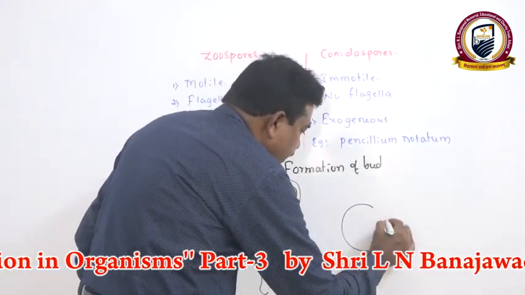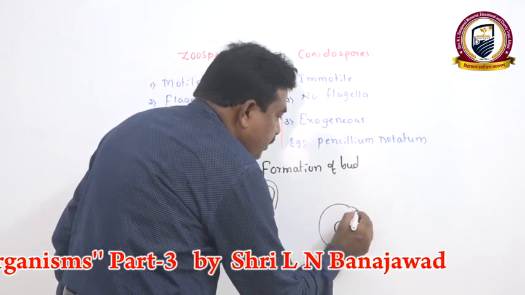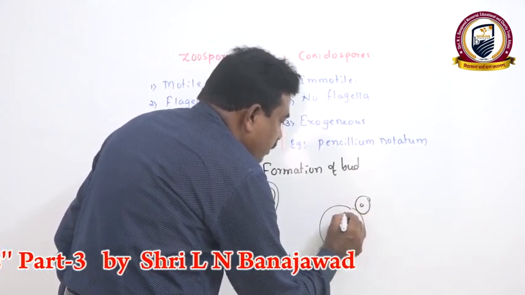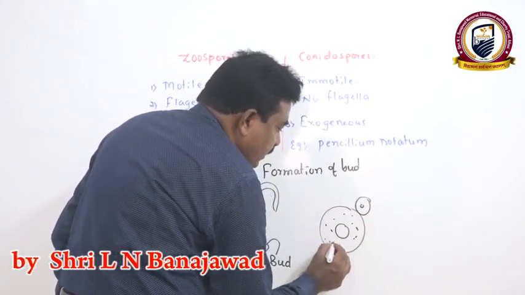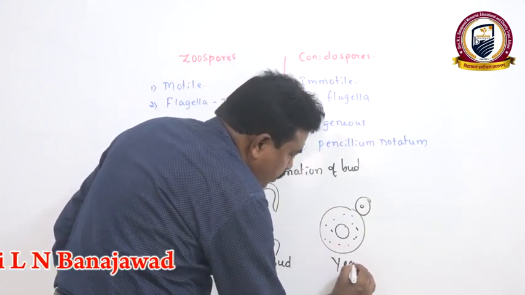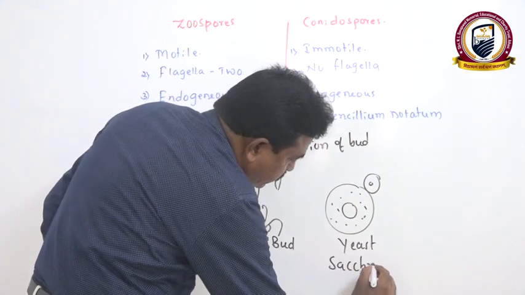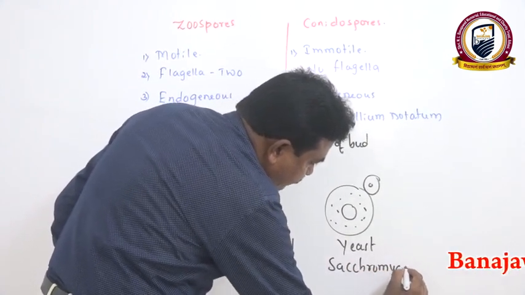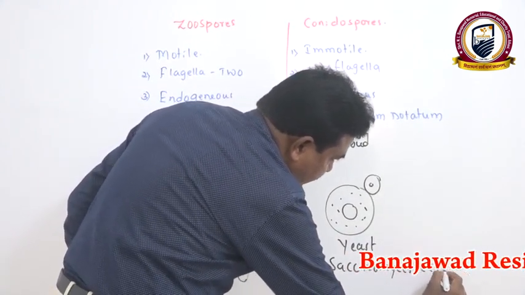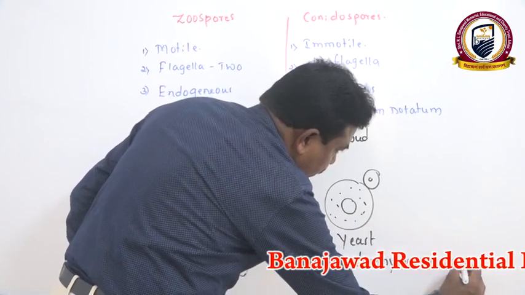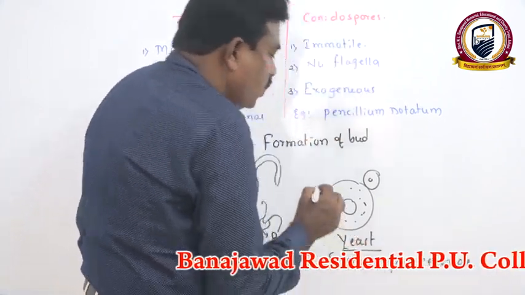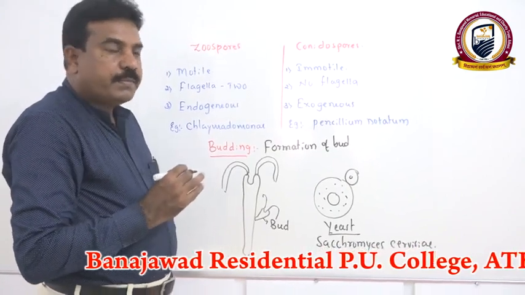Same thing we see in one of the specialized fungi called yeast. Yeast we also call a sugar fungus, and its scientific name is Saccharomyces cerevisiae. This fungus also reproduces by forming a bud.